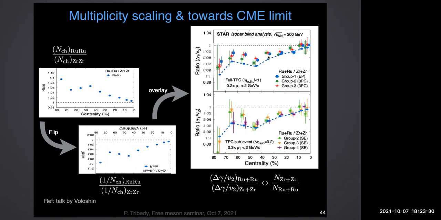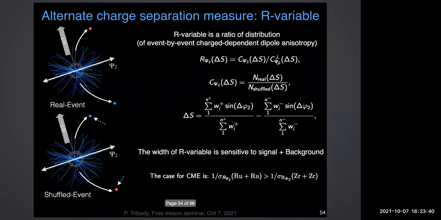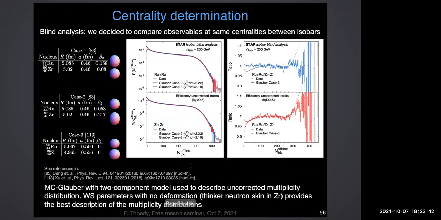This is just a sub-percent, 1 or 2% difference. So even if you do the analysis in the same bin, because the shapes of the multiplicity distributions are different, you can look at the ratio. The mean multiplicity will again be different, even if you take the same bin in multiplicity, just because the probability distribution has a different shape.